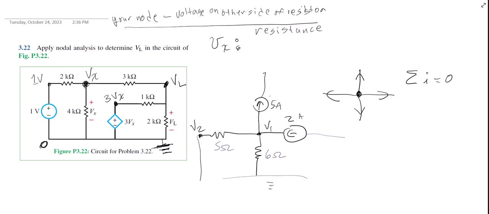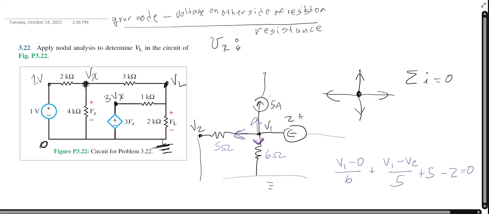My node equation for V1 would be V1 minus 0 over 6, and that gets this current, plus V1 minus V2 over 5, and that gets this current, and then plus 5, because I have a current of 5 coming out of it, minus 2 equals 0, and it's minus 2 because it's going in. So that's how you would write it if you had current sources. But I'm going to erase this now. Are you ready for me to erase it?